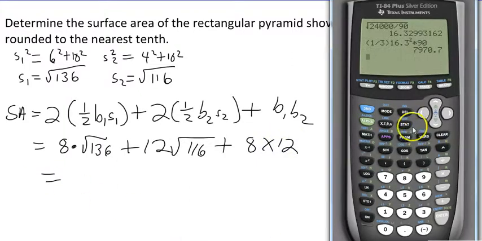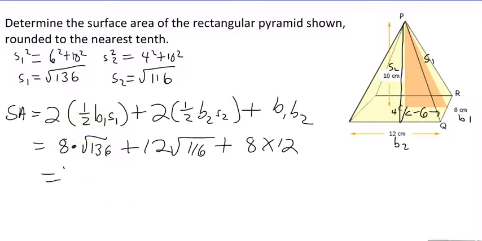Nearest tenth. Alright, let's do it. Clear. 8 root, again, exact, no rounding, right? Then move over. Plus 12, exact, 116, do not round until the end, plus 8 times 12, enter.